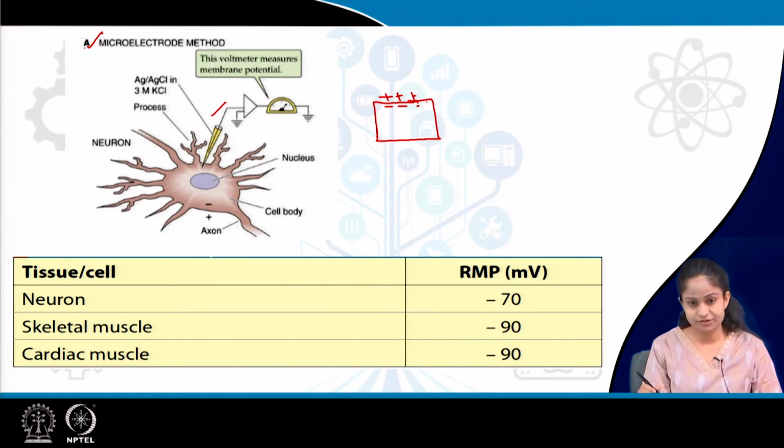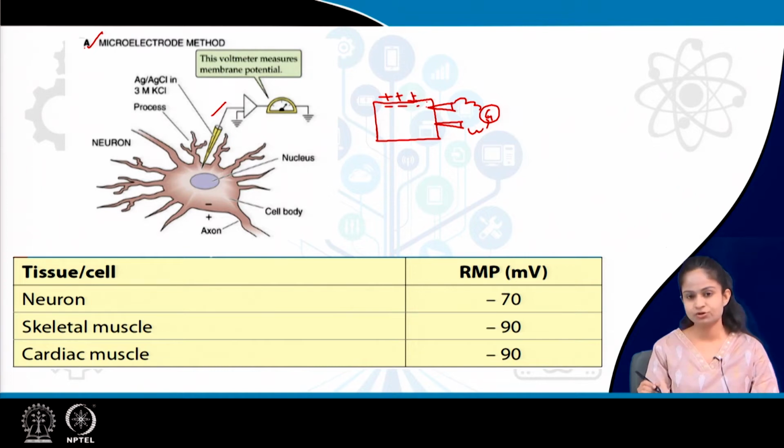So the center is electroneutral. So we have to put a microelectrode over here, and just beneath the membrane another microelectrode. So 2 microelectrodes we have to put, and these microelectrodes will be connected to a galvanometer. So that will give rise to the recording of your potential difference.